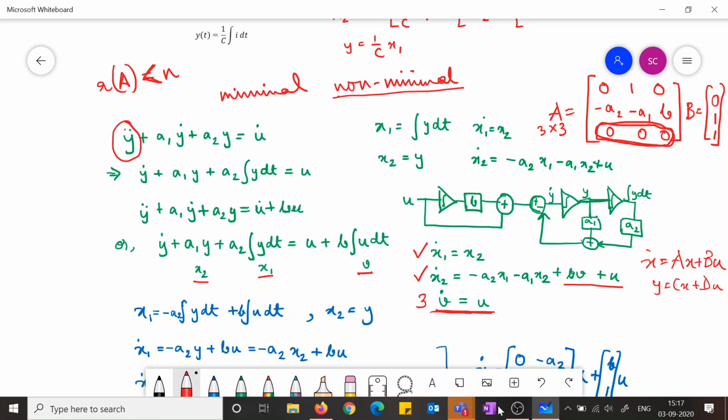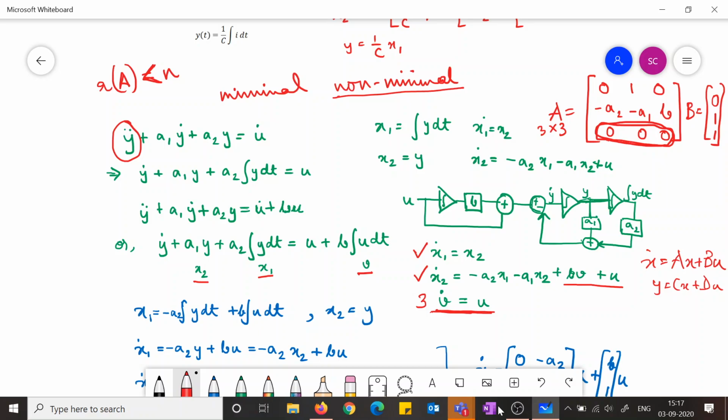Here we have chosen the third state extra, that is very obvious now, because we know that the order is 2 and we have created a third order state space realization. So that third state is extra. Which third state is extra? Obviously you can understand that this V is the extra state, because it contributes to the zero row.